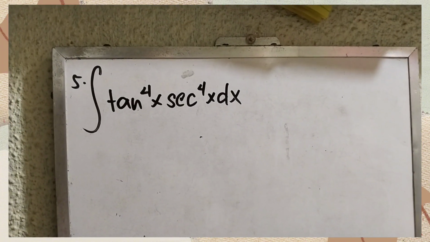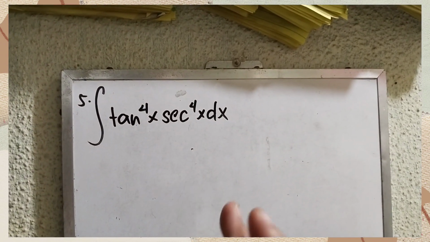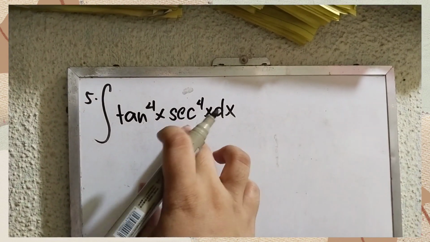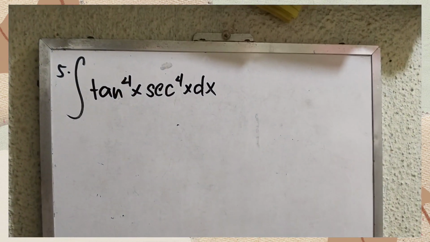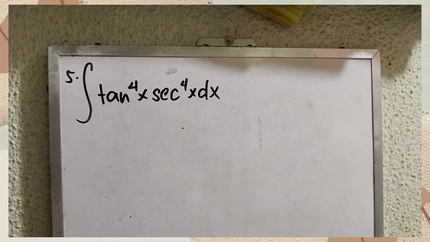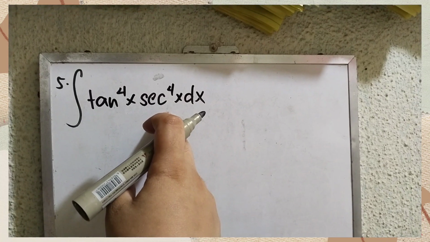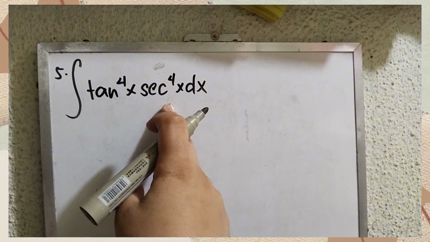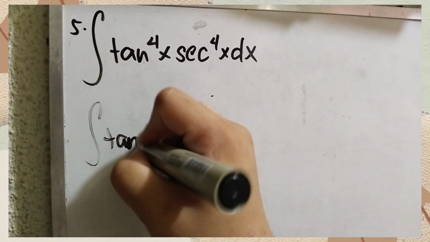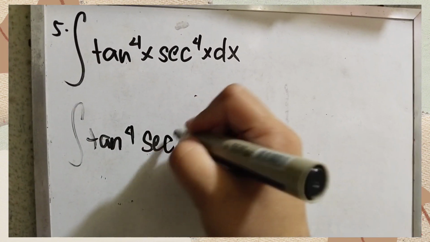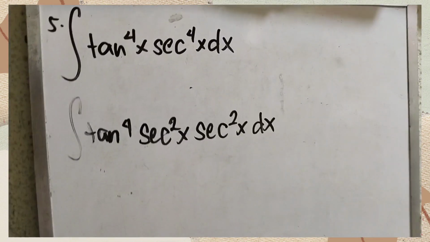In here, the fundamental idea again is when we have the even power. We have secant, and we also have the tangent. So what we can do is pull out the secant squared from secant to the fourth power, and it will look like this: tangent fourth x times secant squared x times secant squared x dx.